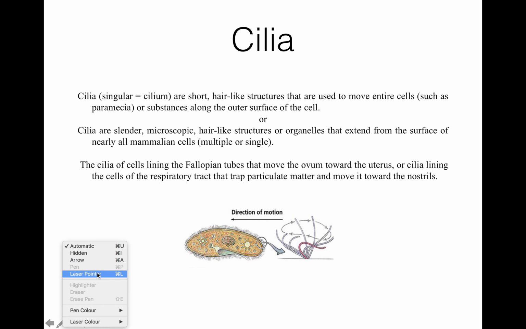Cilia, singular form cilium, are short, hair-like structures which are used to move an entire cell, such as Paramecium, or to move substances along the outer surface of the cell.